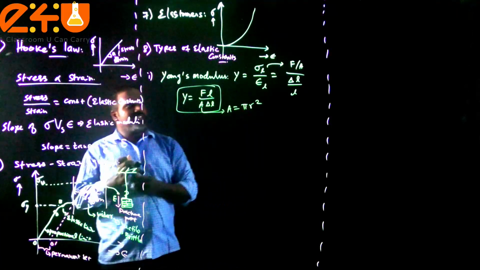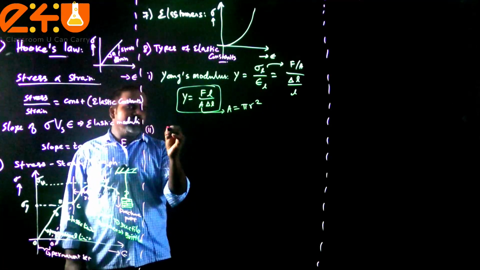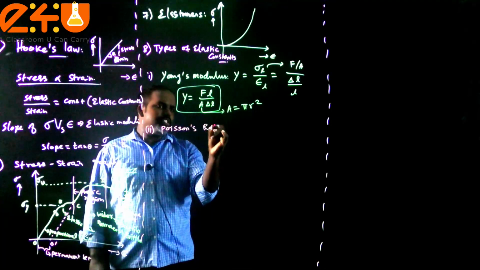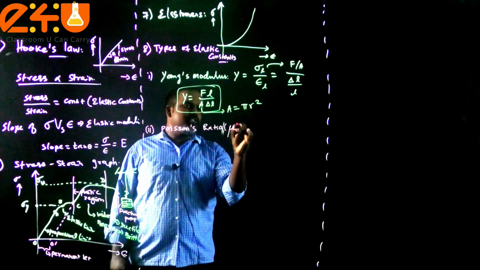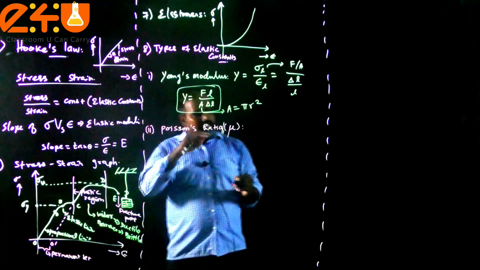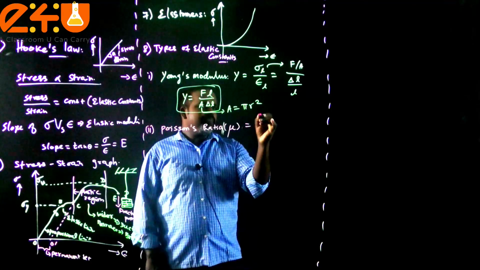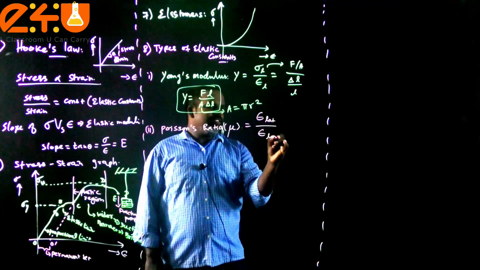The second one is Poisson's ratio, which we take as mu here. By definition, it is the lateral strain divided by the longitudinal strain.